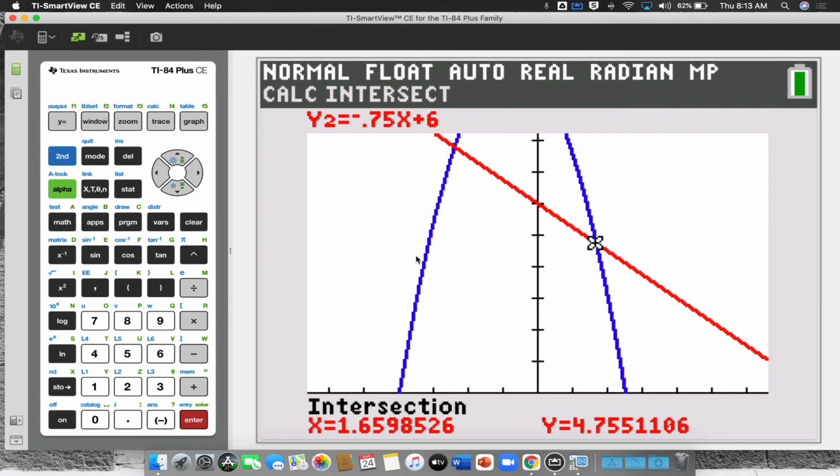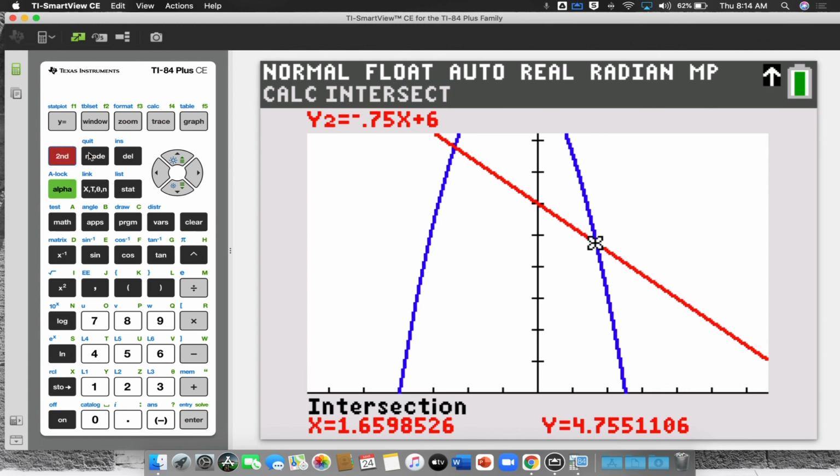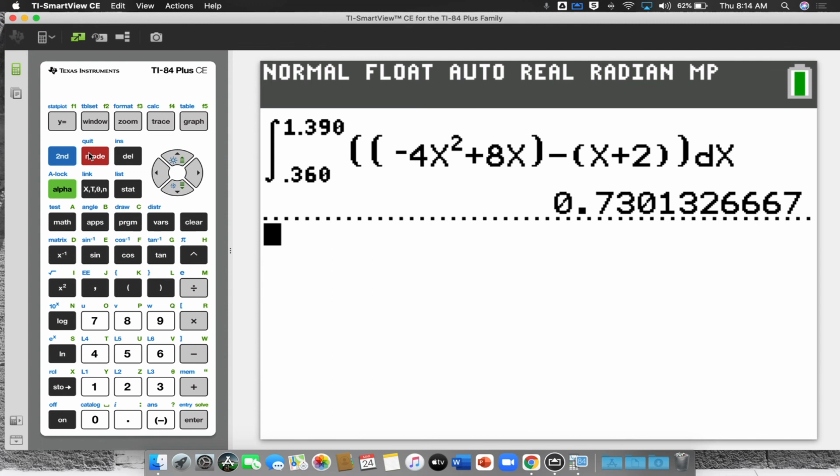That's the bound we want, 1.660. Okay, that's the top bound, 1.660. Then you go back, put in your equation, and you're done.